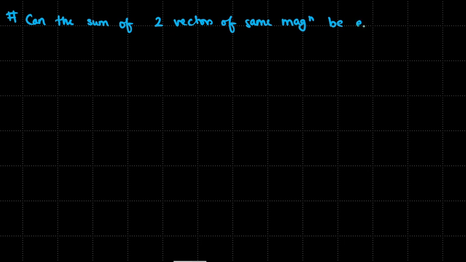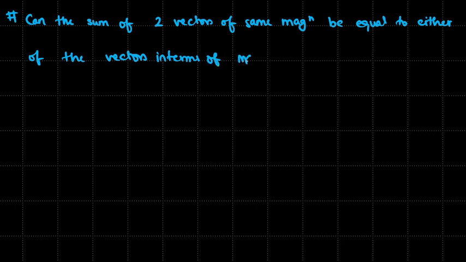Let's come to a question which is: can the sum of two vectors of the same magnitude be equal to either of the vectors in terms of magnitude?